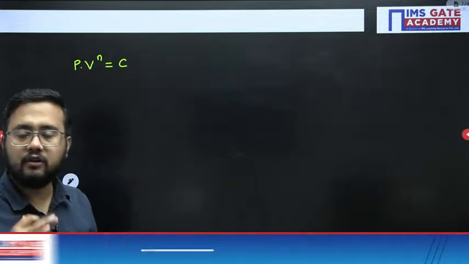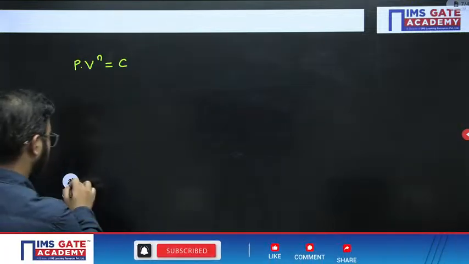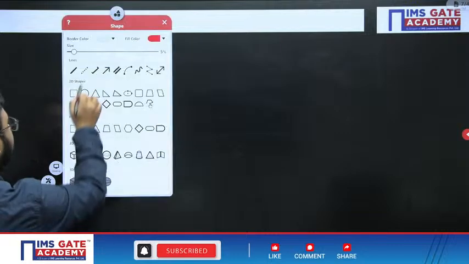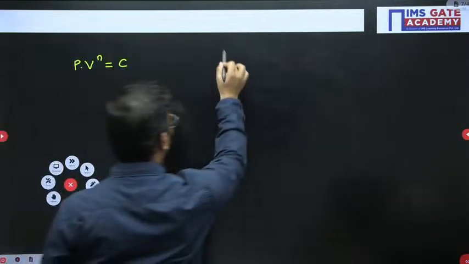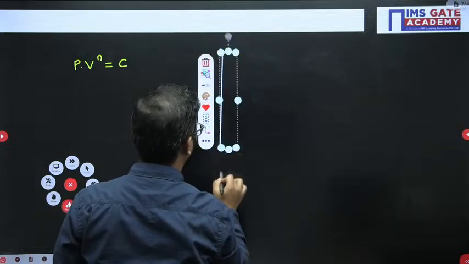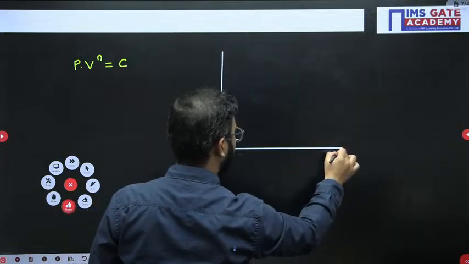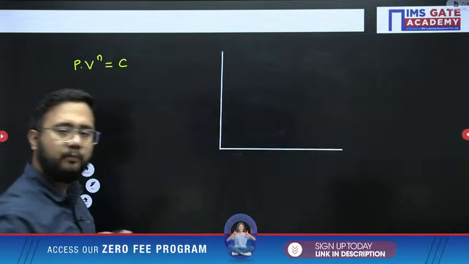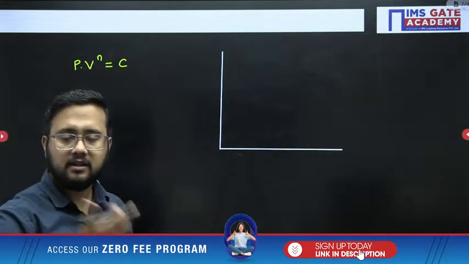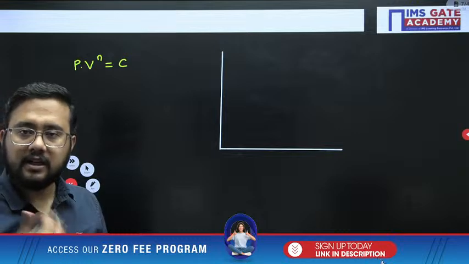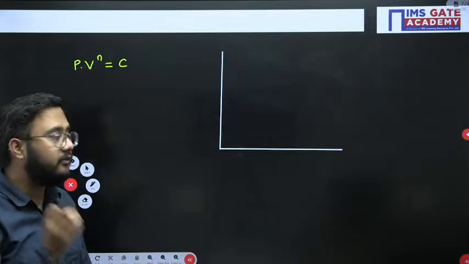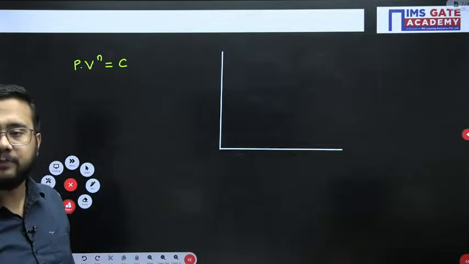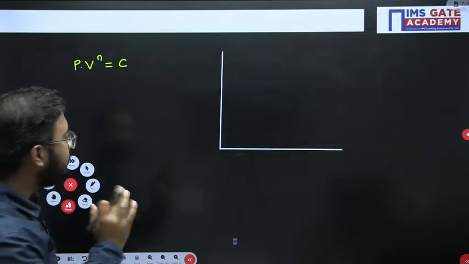Based on the values of n, we will have different processes, and how we draw the graph is very important to understand. Most of the time the process is given, sometimes only a diagram is given, so from the diagram we need to understand the process, or when the information is given we should be able to draw the diagram of that particular process. That's why the graph is very important here.